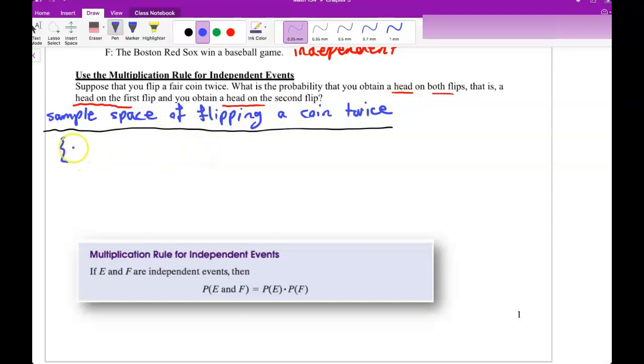On the first try, let's say I had head. Second try, I had head. This is another one. On first try, head. Second try, tail.